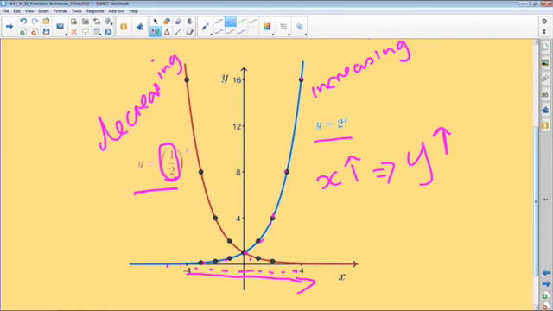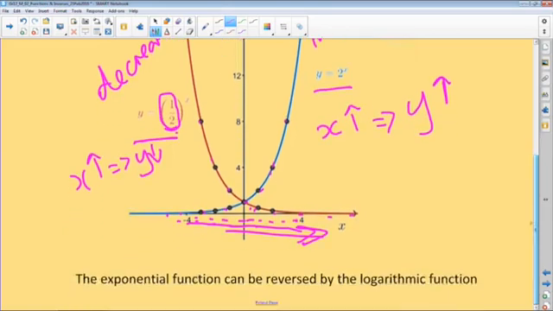We've got a fractional base, so that means as x increases, so our x values always increase as we go to the right, the y value will start decreasing, and you can see that happening because as your x values are getting bigger and bigger, you can see you coming lower and lower on the graph, so your y values are decreasing.